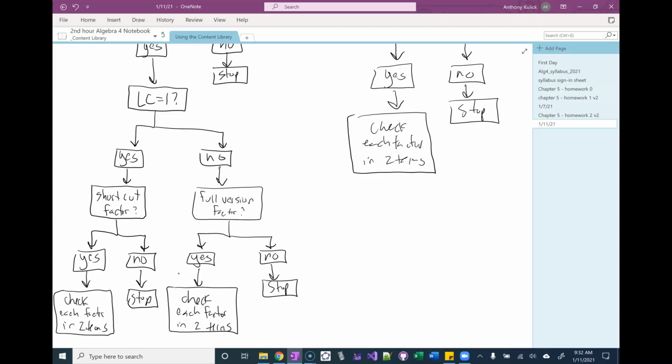This graphical way of doing things, I think, is often helpful for students, where you can treat it like a map. Okay, next thing I do is this, and if the answer is yes or no, then I do something, and I do this until I get to a stop.